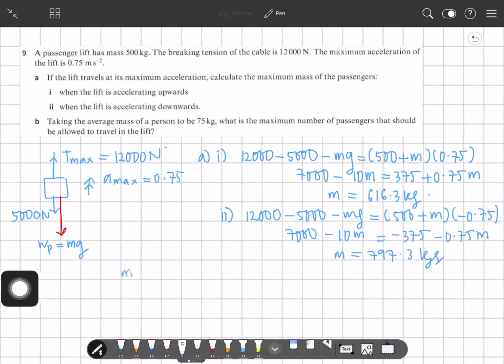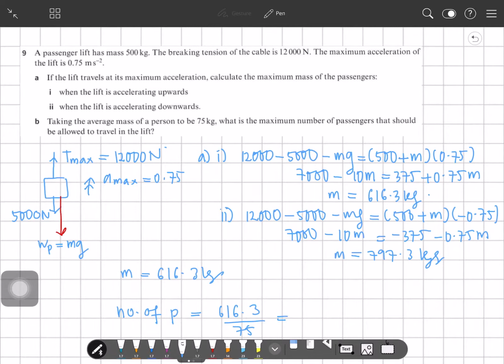So from the mass of 616.3 kilogram, we can find the maximum number of passengers, equal to 616.3 divided by 75 kilogram.